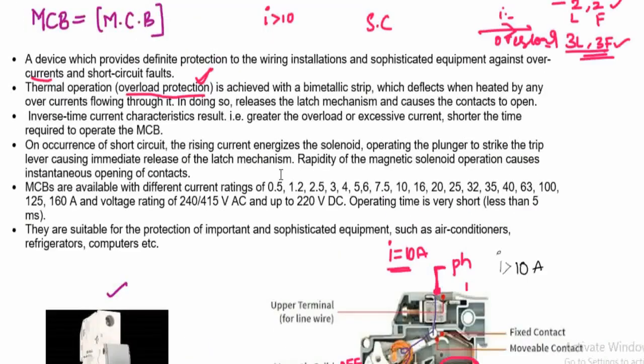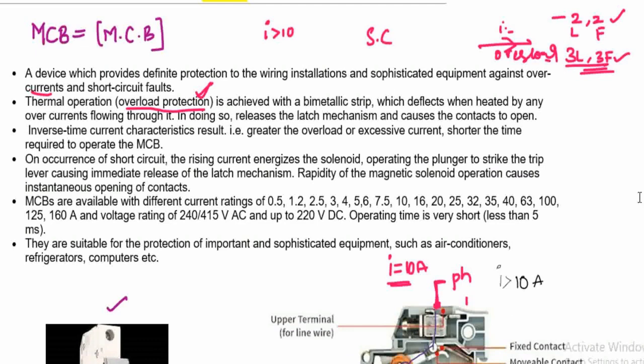This is how we prevent high current flow in the circuits connected to the MCB. Here the overload protection is achieved by the bimetallic strip, which deflects when heated by any overcurrent flowing through it. In doing so it releases the latch mechanism and causes the contacts to open. So this is what I have explained so far.